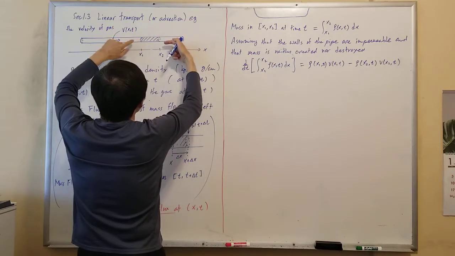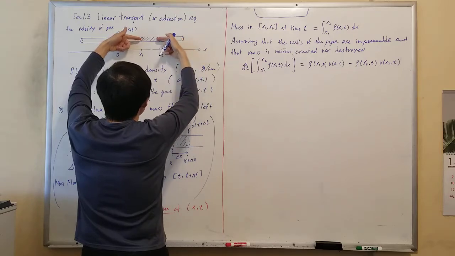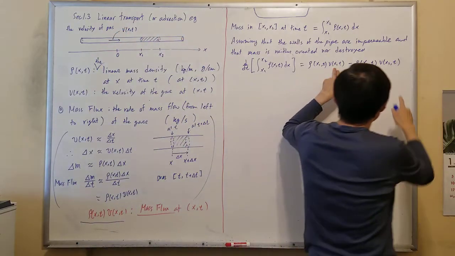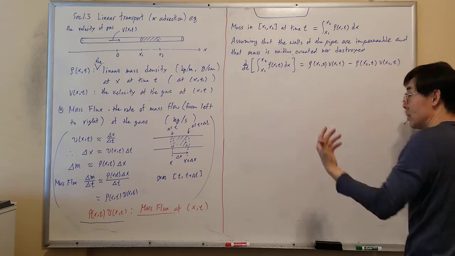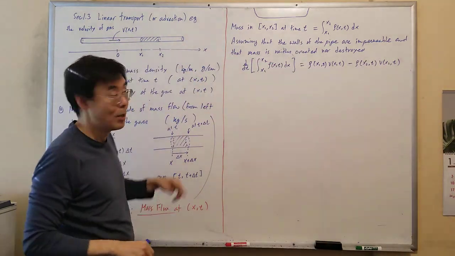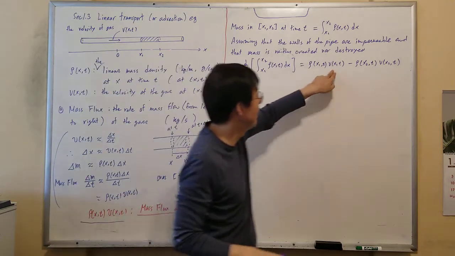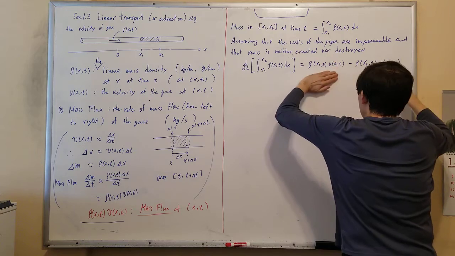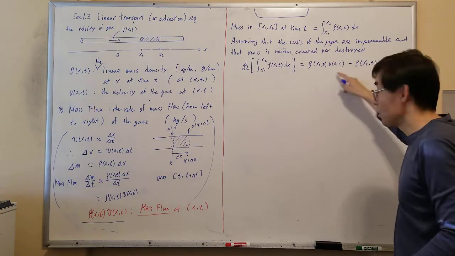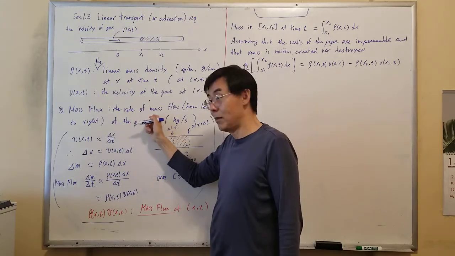What if v is positive at x1 and negative at x2? Positive and negative: minus minus cancels to positive. Yes, both are coming in, right? Or velocity is negative at x1 and positive at x2: you're losing here, also losing here. So this considers it, because mass flux is defined from left to right.